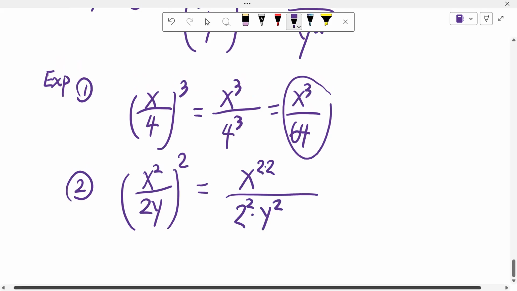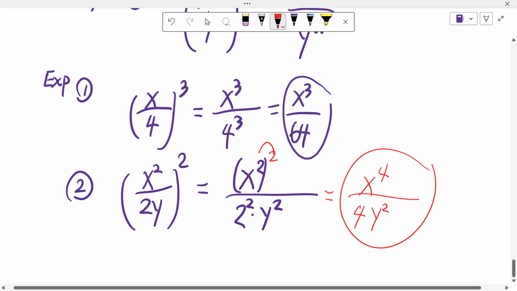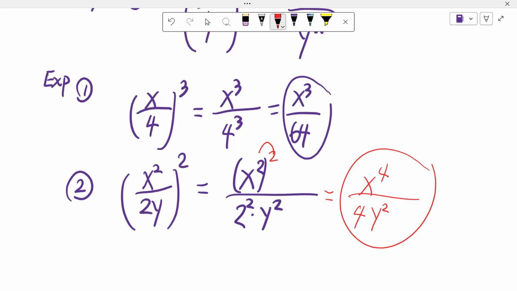Distribute the power to every single one of them. We simplify. On the bottom, 2 squared is 4. Then y squared. So it's x to the 4th over 4y squared. And that's how you simplify this. Any question?